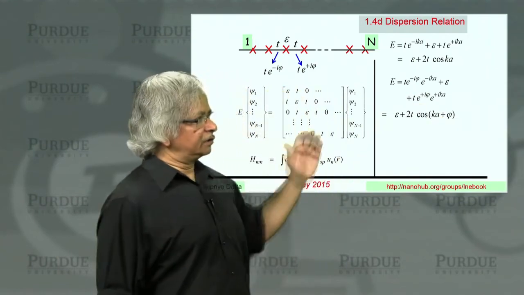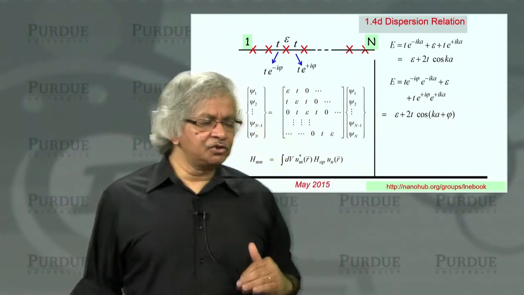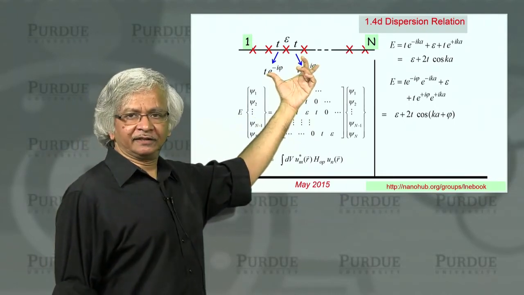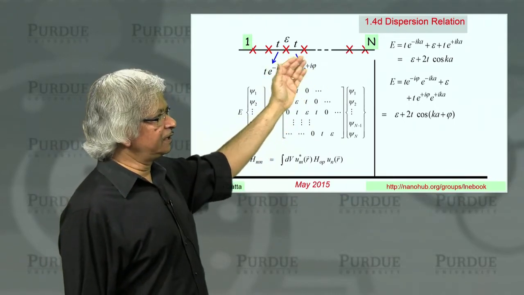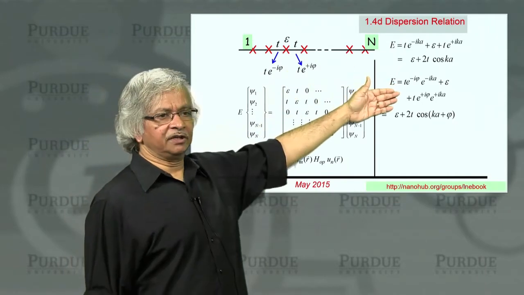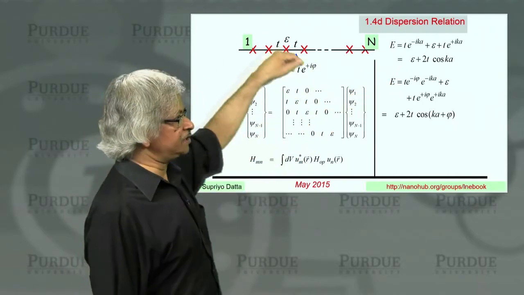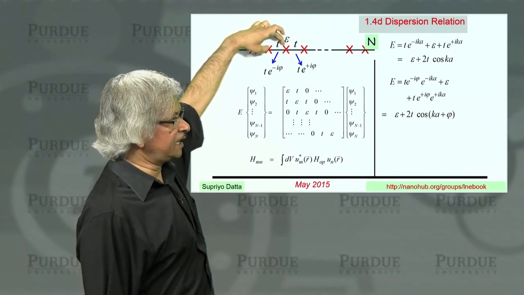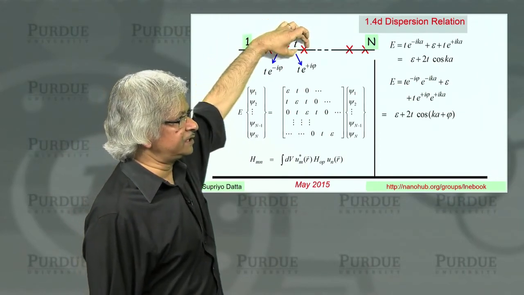So what you want to do is get used to visualizing this matrix in terms of a picture like this, because once you have this picture, it's very straightforward to write down the E-k relation. It's just E is equal to the diagonal element epsilon plus t times an appropriate phase factor, plus t times an appropriate phase factor.